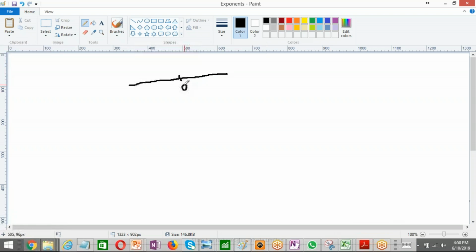We have 0, 1, 2 over here, and we have -1, -2 over here. So this side is positive and this side is negative.